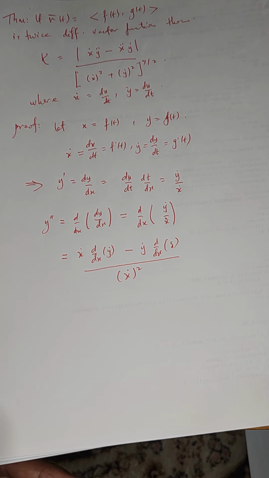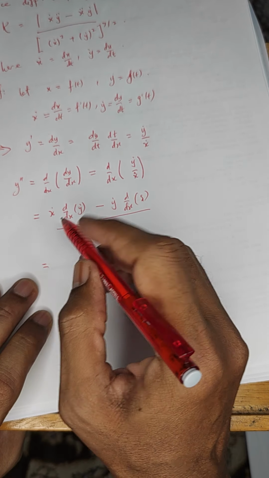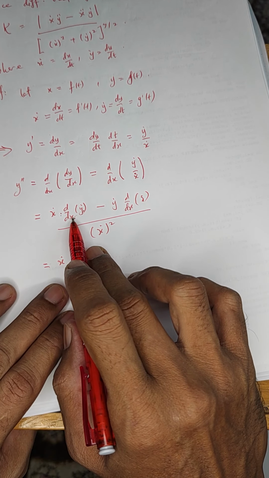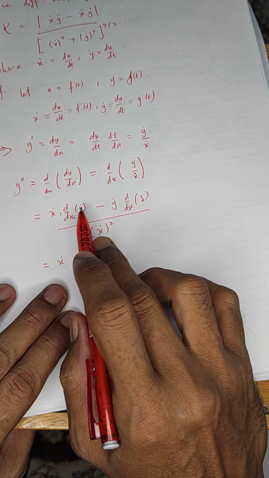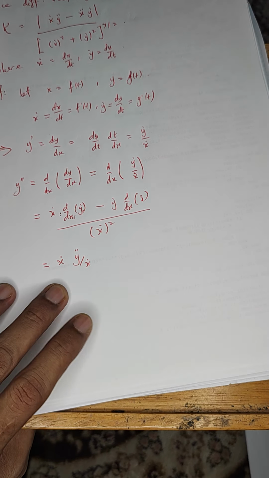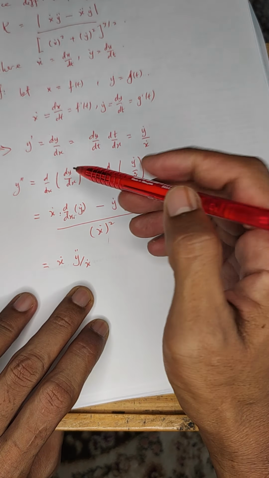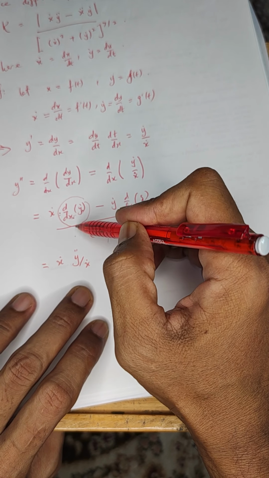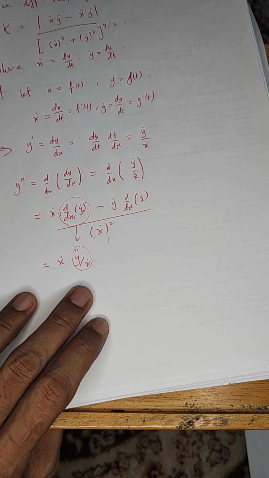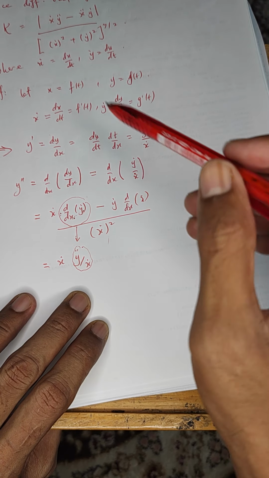Now from there, differentiating y dot with respect to x, you're going to have y double dot over x dot. How to get from here to here? I want you to find out those things. It's not difficult, just use the chain rule.